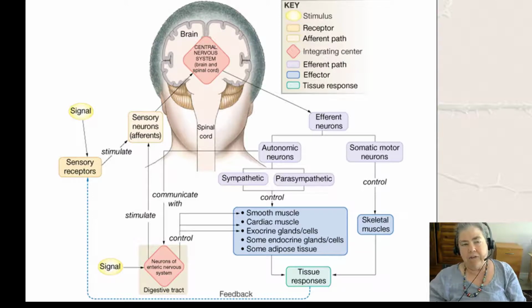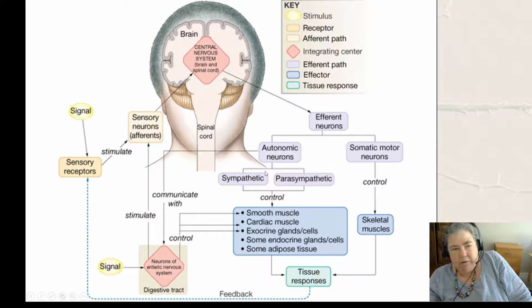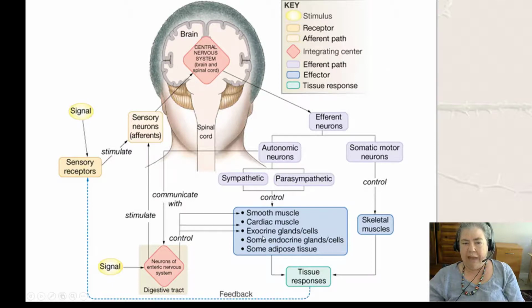And the autonomic neurons, parasympathetic and sympathetic, control smooth muscle and cardiac muscle. They have input into exocrine glands, right, along with input from the neurons of the enteric nervous system. Here, this being salivary glands, but also the pancreas, which is making digestive enzymes, and the liver, which is making bile, and so forth. So there's input from the autonomic nervous system and from the enteric nervous system.